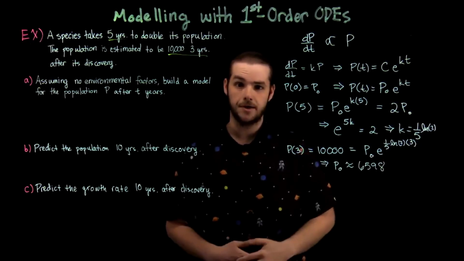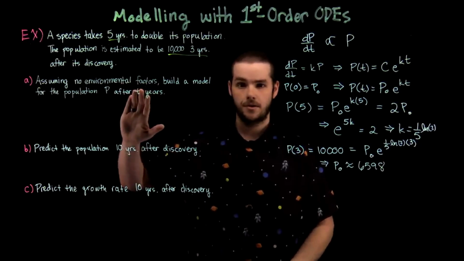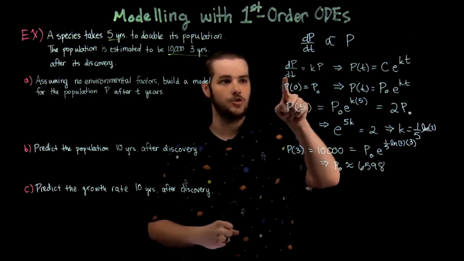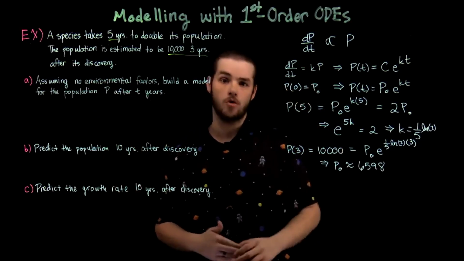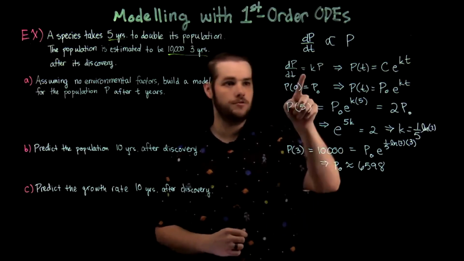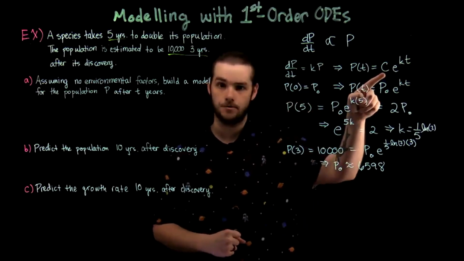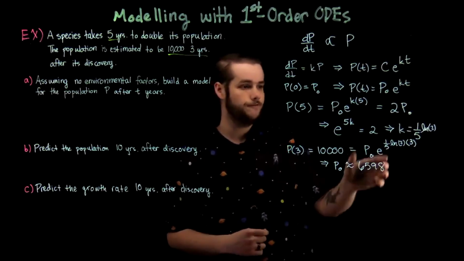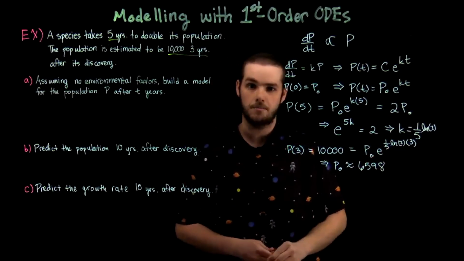So what have we done here? We used our biology sense to write down this form for the differential equation, and we know this differential equation has this general solution. Then we used context from our problem to inform what the different parameters in the model are.